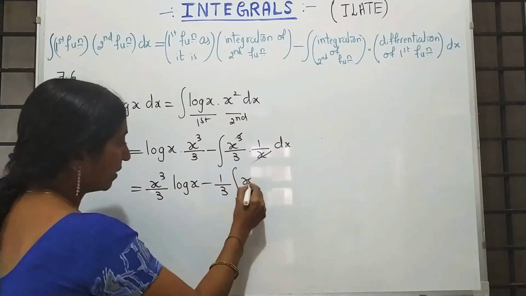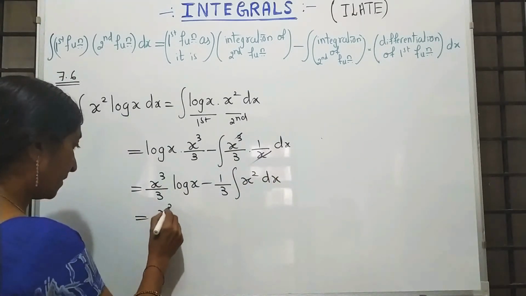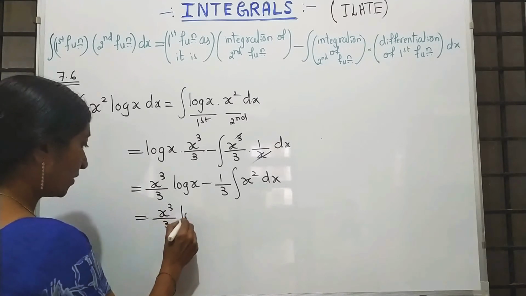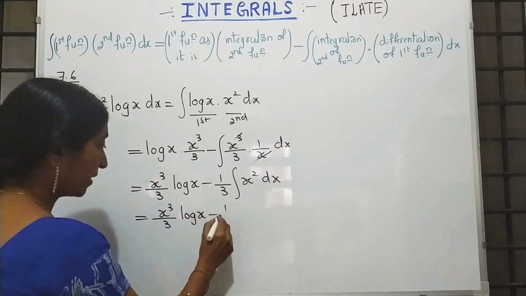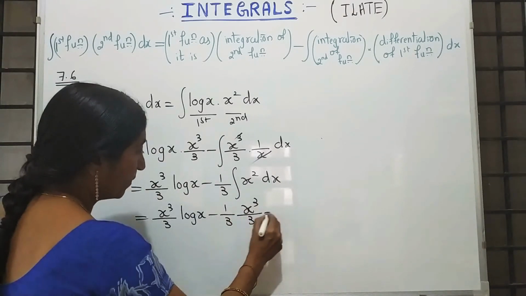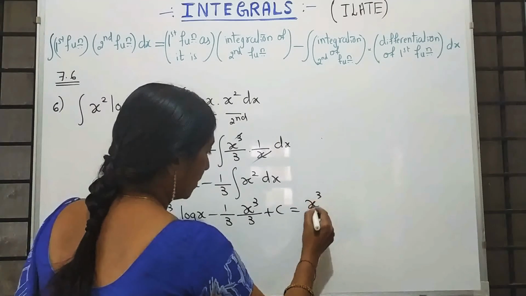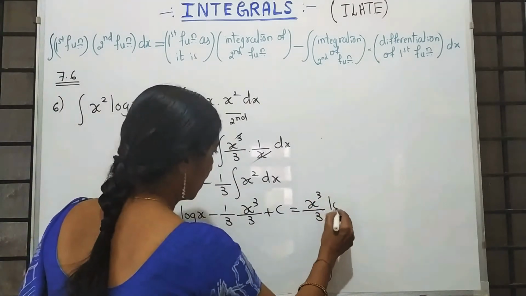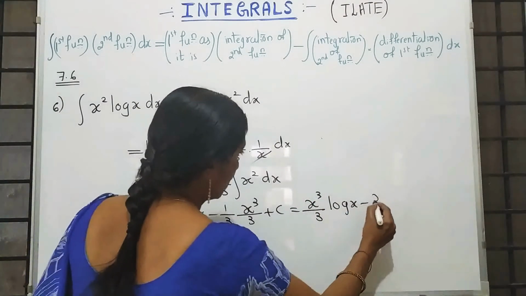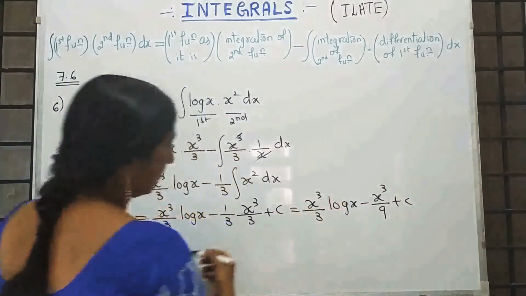What is remaining? x square is remaining. It is x cube upon 3 log x minus 1 by 3. Integration of x square is x cube by 3 plus c. So the answer is x cube upon 3 log x minus x cube upon 9 plus c.